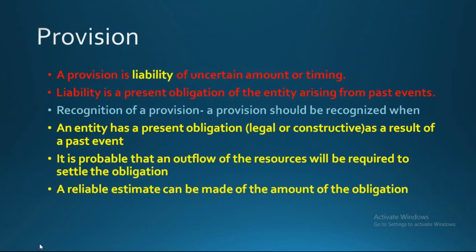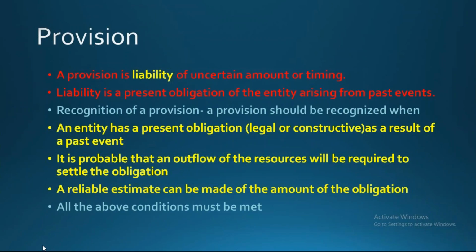Then you have to make a provision only for 100,000, not 1 million. But if you don't know how much the court will award, then you can't make a provision. So these are the three conditions that need to be met. All the above conditions must be met to make a provision.